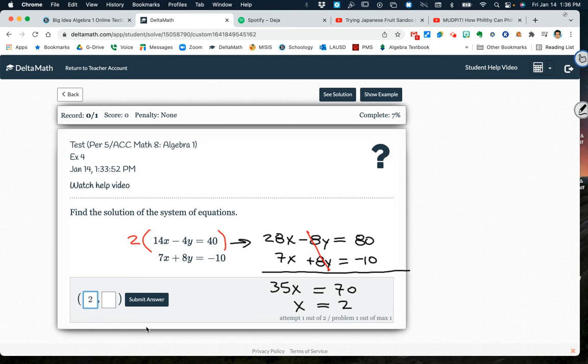Okay. Pick an equation. Doesn't matter which one. Replace x with 2. I guess I'll use the bottom one here. So in this bottom equation, this x here, I'm going to change it to 7 times 2. Plus 8y equals negative 10.